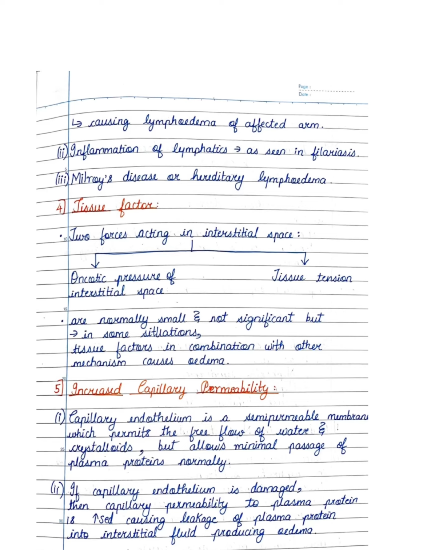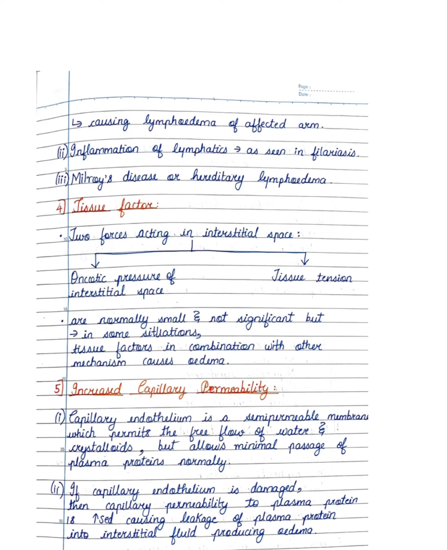Fourth, tissue factor. Two forces acting in the interstitial space, oncotic pressure of the interstitial space and tissue tension, are normally small and not significant, but in some situations tissue factors in combination with other mechanisms cause edema. Fifth, increased capillary permeability.